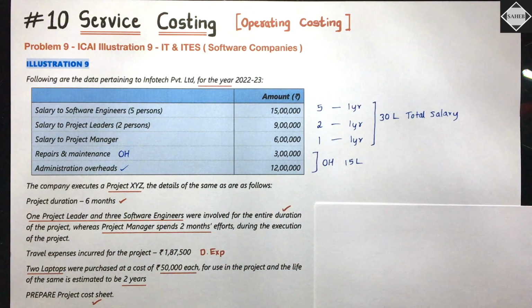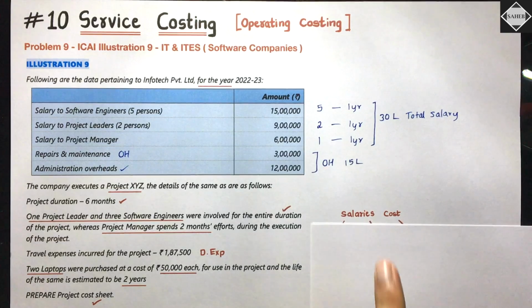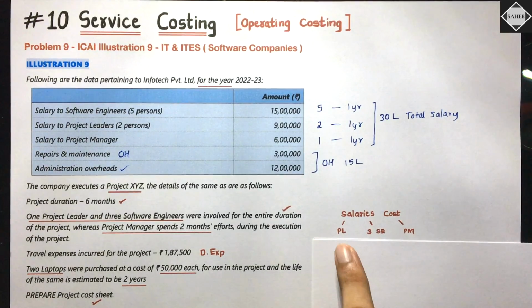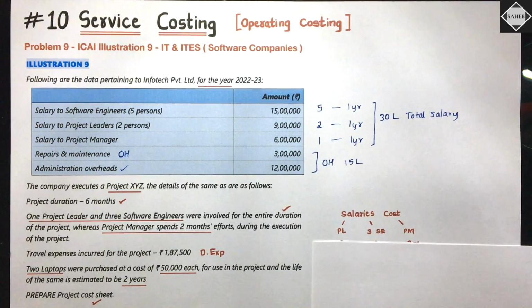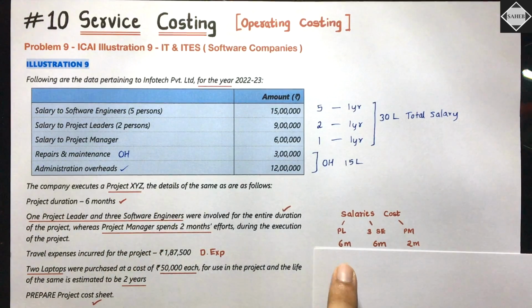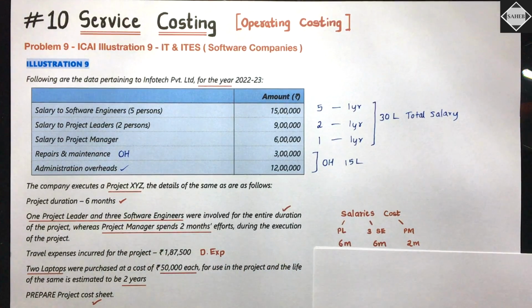See here, salaries cost. One project leader was there. For how many months on this project? 6 months. So 6 months salary of the project leader will be allocated to project XYZ. And software engineers also 6 months, but there were 3 software engineers.